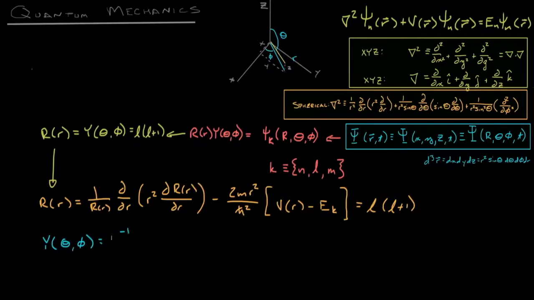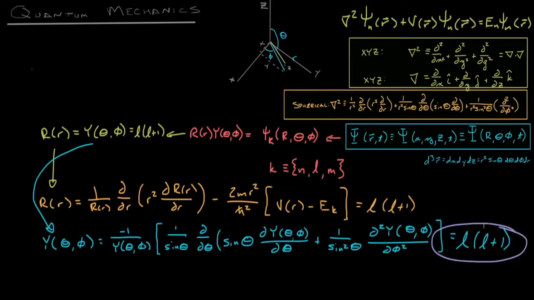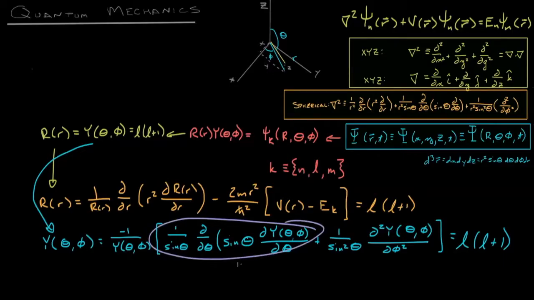Secondly, we can get a relationship for the angular function, Y of theta and phi. Once again, we see that this is some sort of quantized relationship, and we see that over here we have something that's basically a function of theta, and here we have something that has basically a relationship of phi.